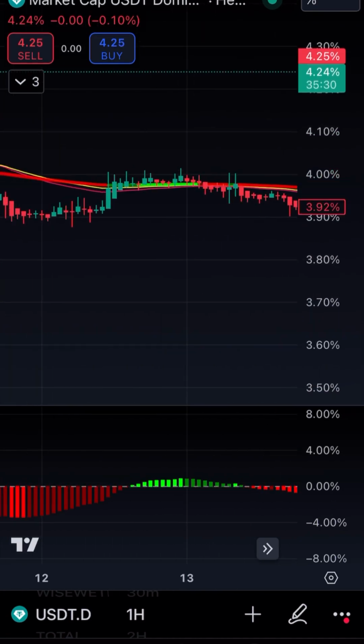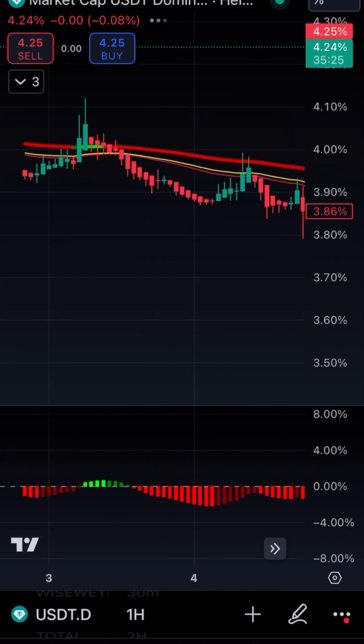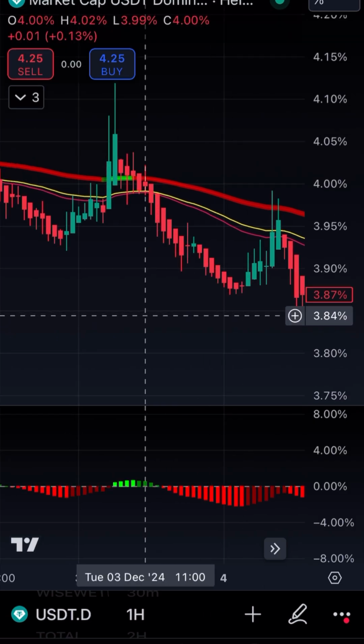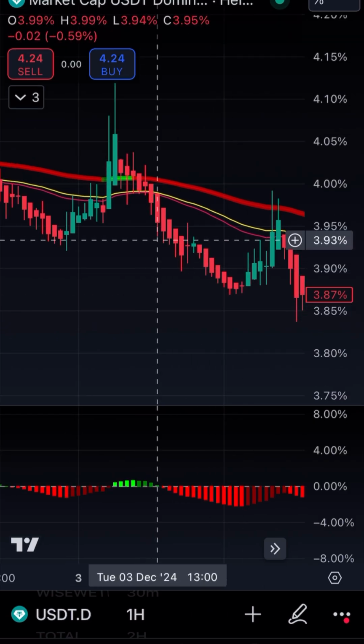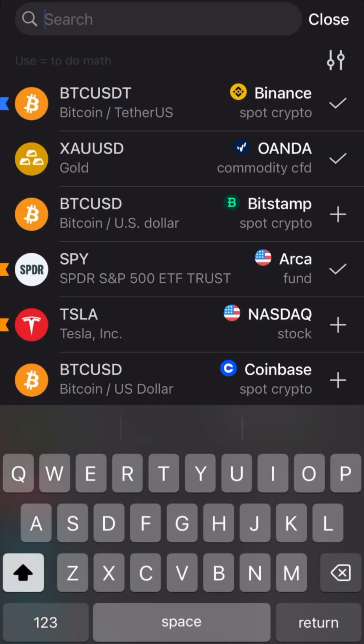So let's just go back to some random date here because I think we went over a couple here. Let's look at, see, right here at this moment, USDT is below the zero line. So on December 3rd, Bitcoin's price should be going up.